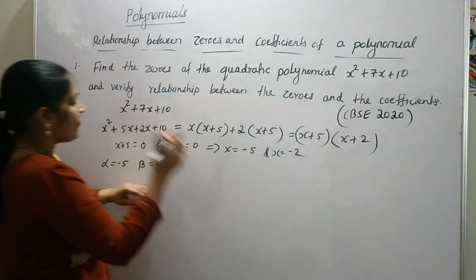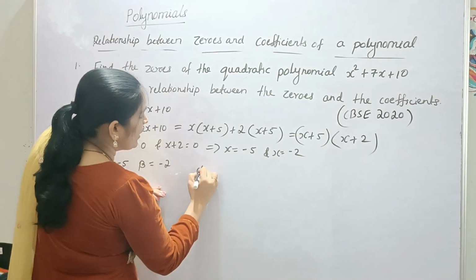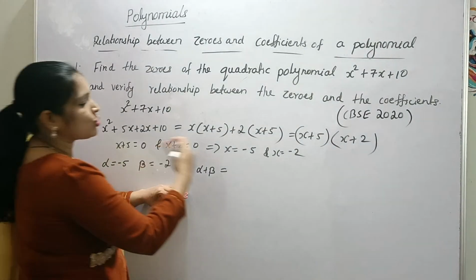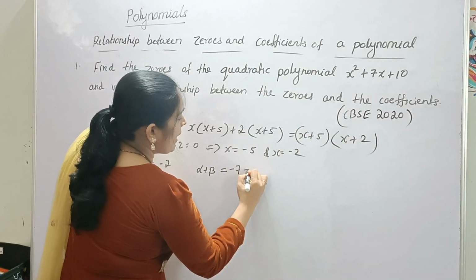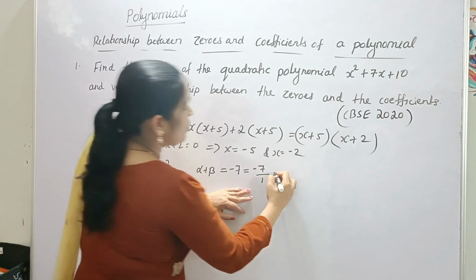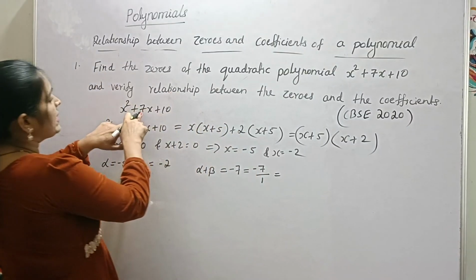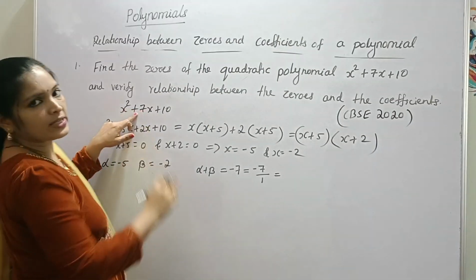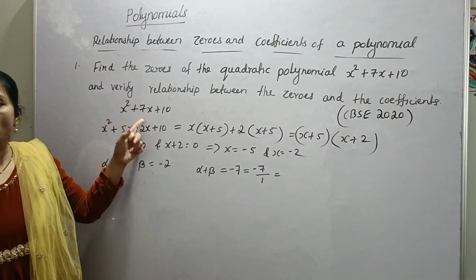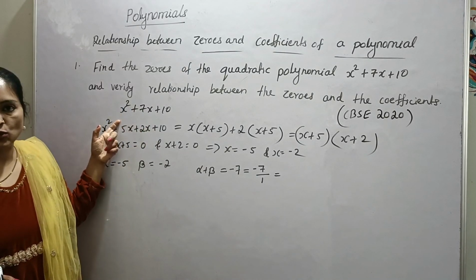Now we know that alpha plus beta. What is alpha plus beta? That is minus 5 plus minus 2, that is minus 7. So minus 7 can be written as minus 7 divided by 1. Now what is 7? 7 is nothing but the coefficient of x. We know that the sum of zeros is equal to minus of coefficient of x divided by coefficient of x square.